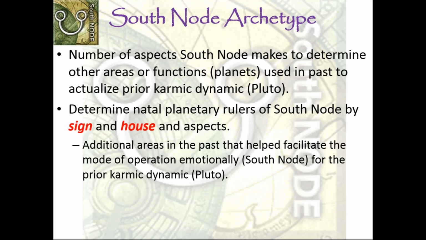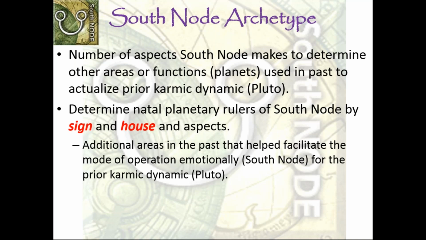And if we want to look further into the South Node, we can look at the number of aspects that it makes to determine other areas or planets that were used in the past to actualize the karmic dynamic of natal Pluto. We also want to look at the planetary rulers of the South Node by sign and house.